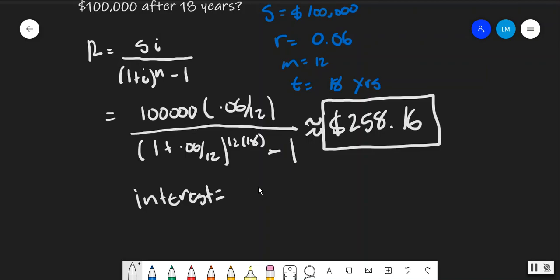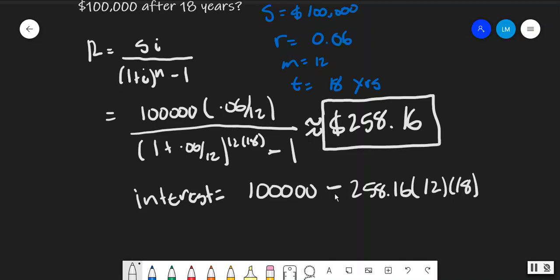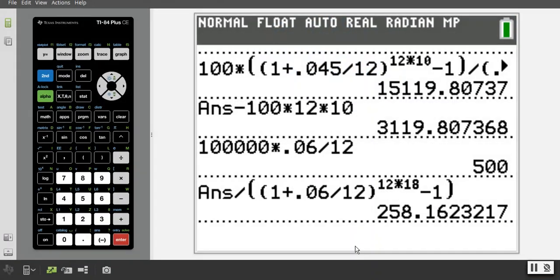basically you just take the amount that they deposited. So we can find 100,000 minus the 258.16 multiplied by 12 times 18, and that's going to be the amount of the interest.